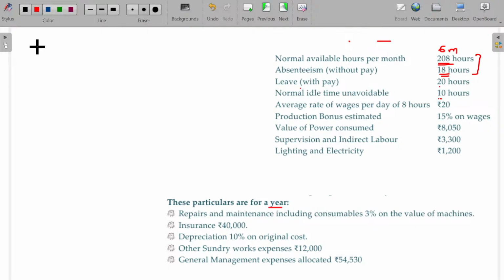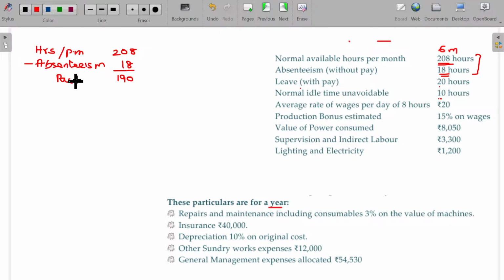Hours available per month 208, minus absenteeism 18, so 190. This 190 will be considered for the payment.